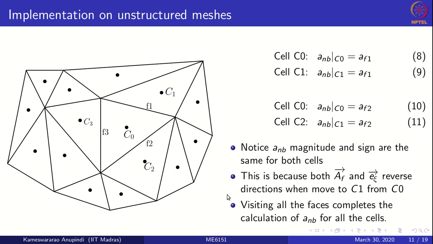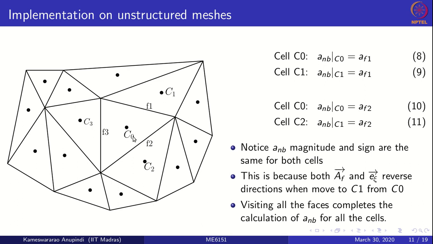Now what we need to do is visit each and every phase in this fashion. Once you finish visiting all the phases, that completes the calculation of A and B for all the cells. For example, this cell has one AP, that is A0, and it has 3 neighbors, so they will have A01, A02, A03, right?